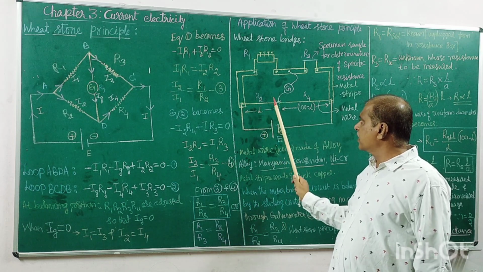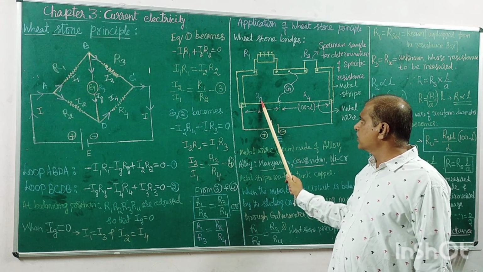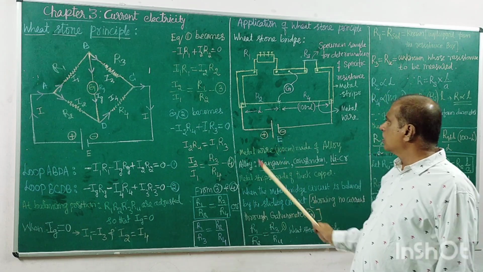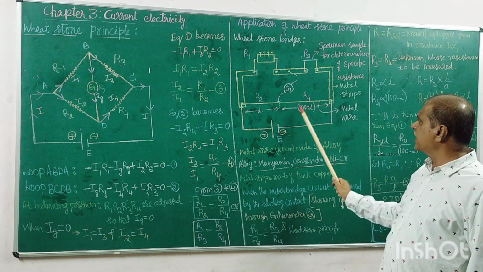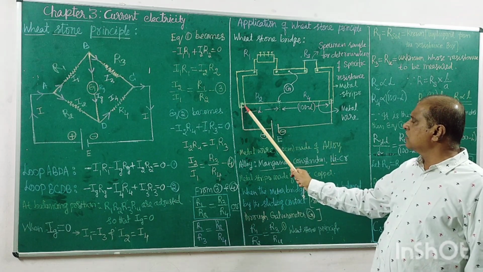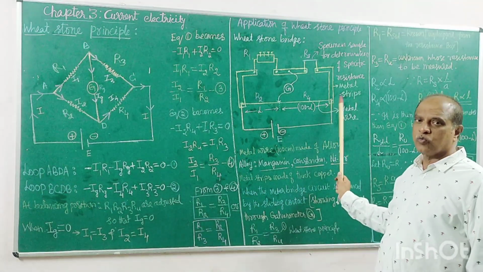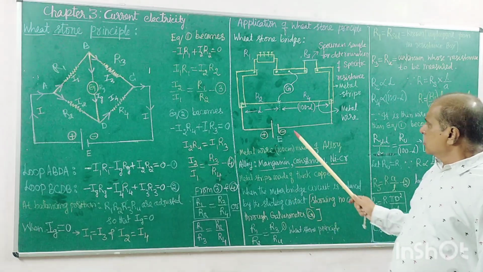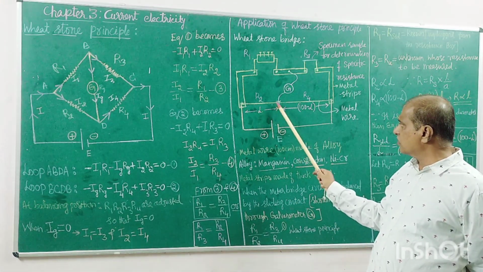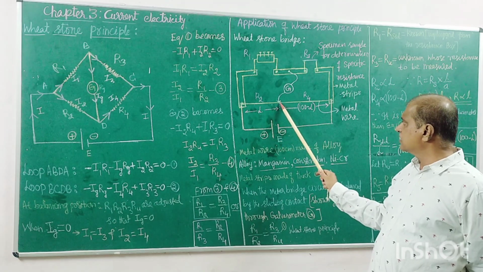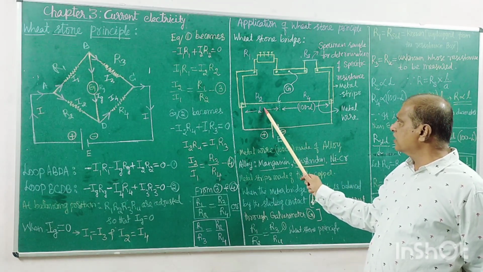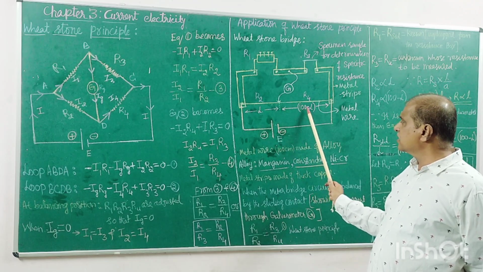This length of the conductor is R2, which is directly proportional to L, and R4 is directly proportional to 100 minus L. Total length is 100 centimeter or 1 meter. So if you touch here, the length is L, and the remaining length is 100 minus L. If this is 30, 100 minus 30 is 70.